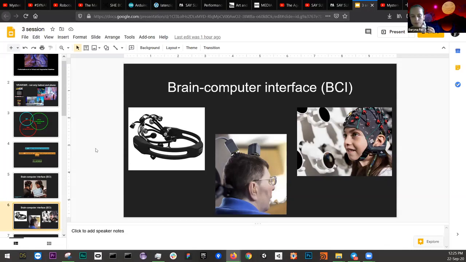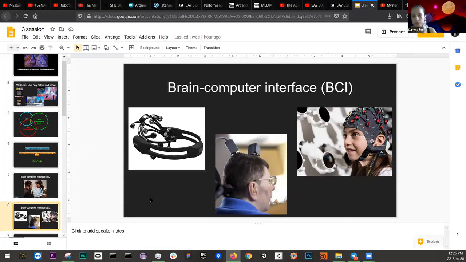So when the person thinks about something, the computer will understand, based on these neural signals, what we are thinking about. In the future this will be a huge change for, of course, the gaming industry, advertising, and our communication also, because we will be able to write without a keyboard, just by thinking.